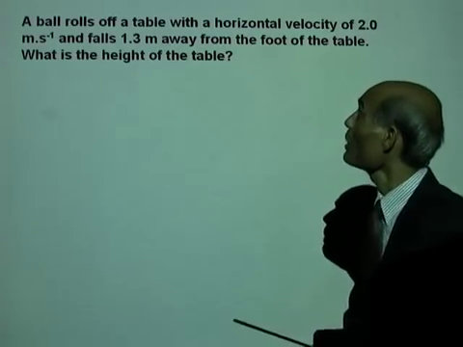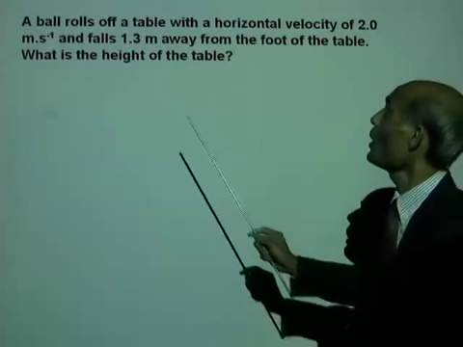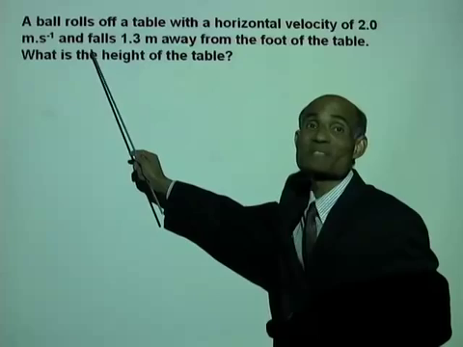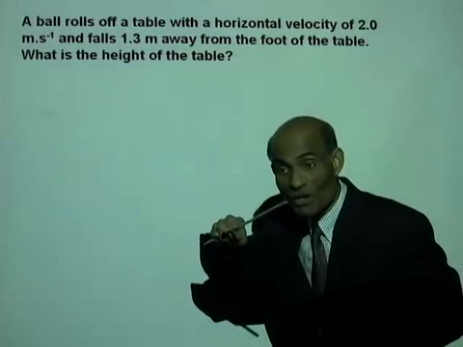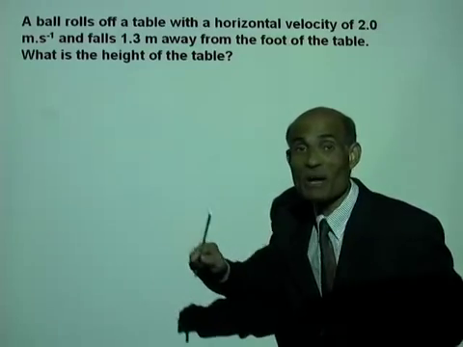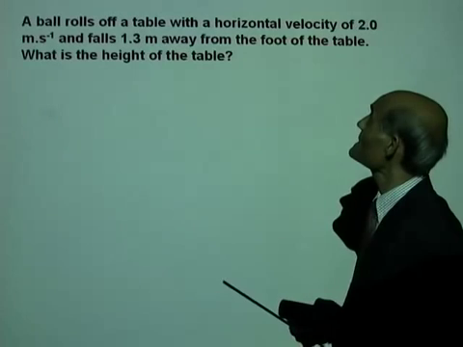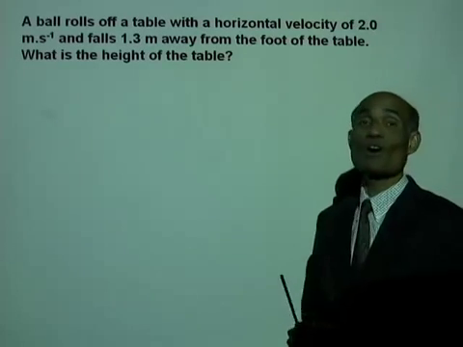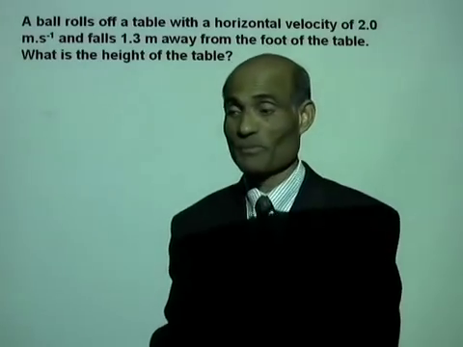A ball rolls off a table with a horizontal velocity of 2 meters per second, meaning that is the horizontal Vx, and falls 1.3 meters away from the foot of the table. What is the height of the table?